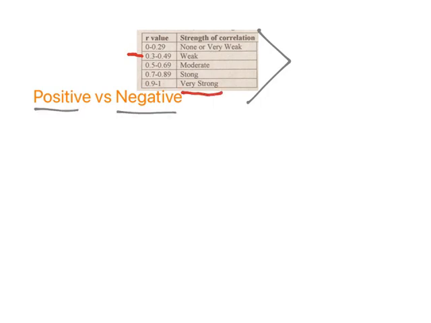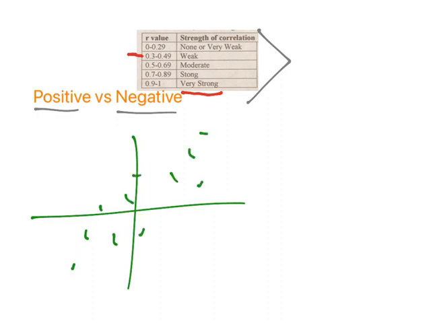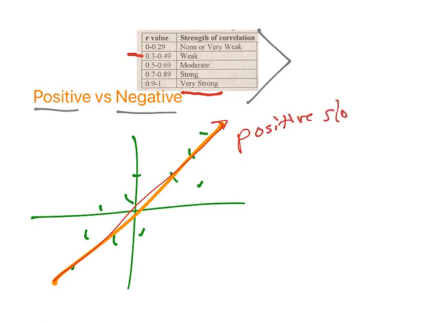Now, whether it's positive or negative is very similar to that of slope. So if we have ourselves a scatter plot, and then I draw in my trend line, forgetting even about R, it doesn't matter, I can say because this line here has a positive slope, then we would say it also has a positive correlation.